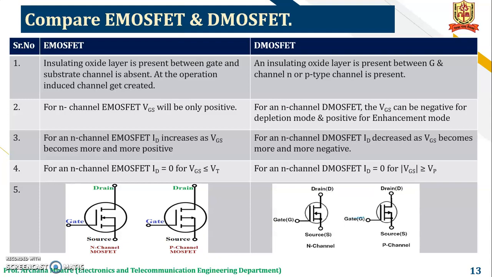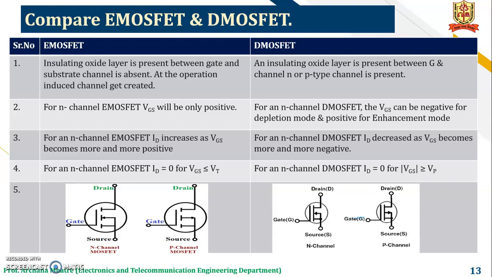For the N-channel E-MOSFET, VGS will be only positive. For an N-channel D-MOSFET, VGS can be negative for depletion mode and positive for enhancement mode. For an N-channel E-MOSFET, ID increases as VGS becomes more and more positive, and for N-channel D-MOSFET, ID decreases as VGS becomes more and more negative.